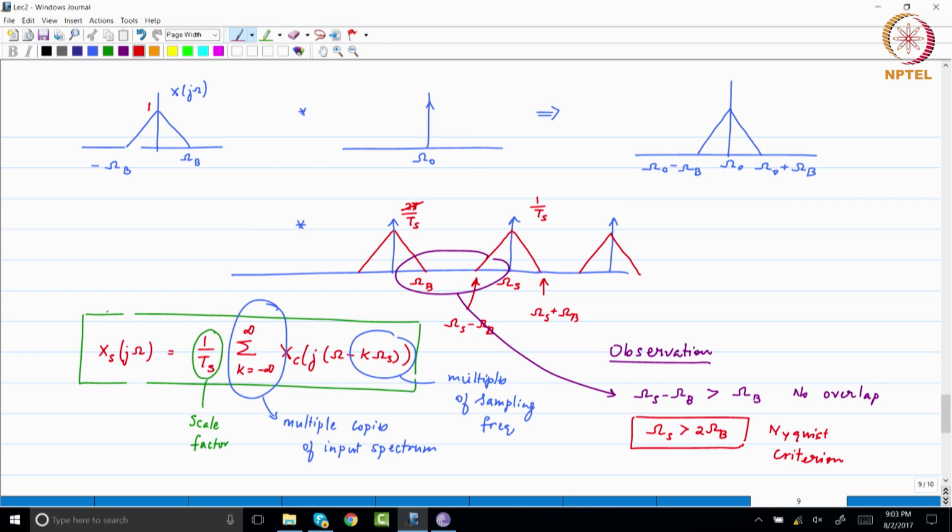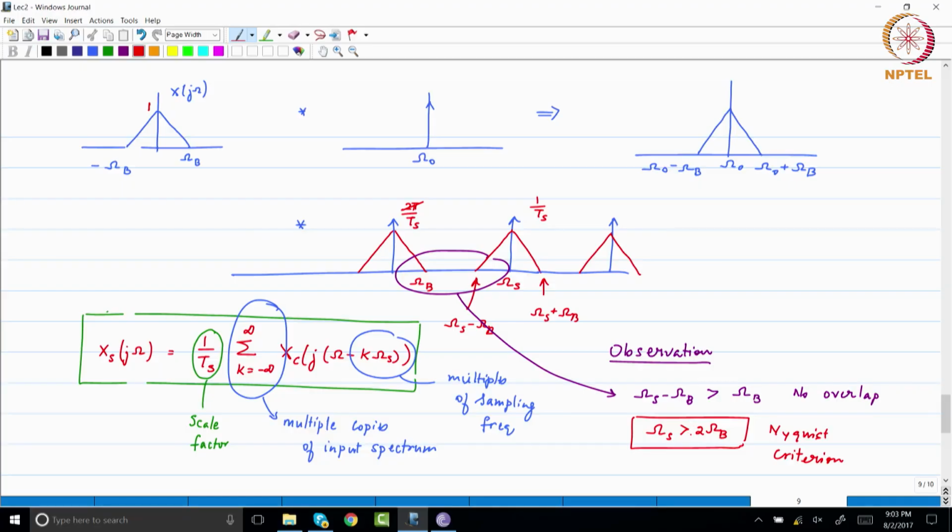Now, you may say, why not greater than or equal to? If you say that it has to be equal to, let me just give you the answer for that as well. That is what actually Nyquist criterion says. Anyone knows why in most of the practical DSP cases we just say, okay, over satisfy the Nyquist criterion, don't stay exactly at Nyquist?